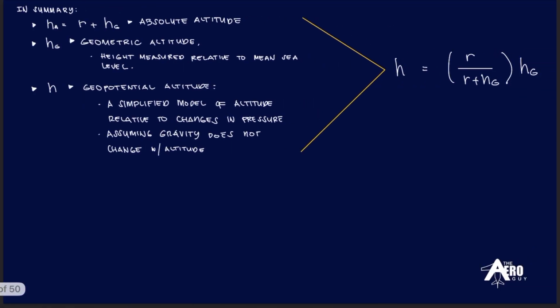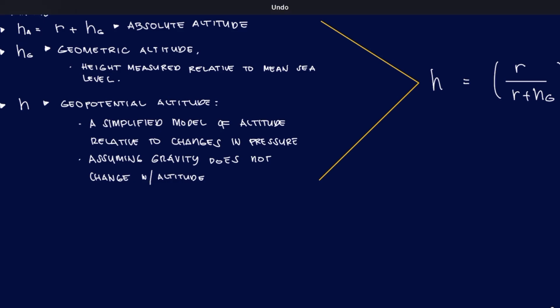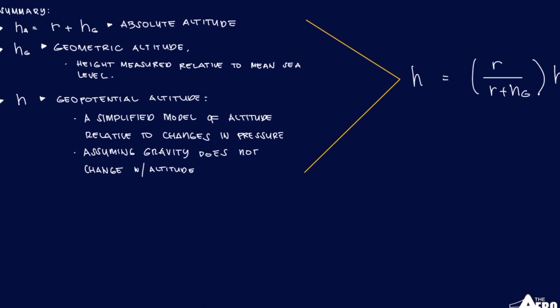In summary, we explained what the atmosphere is all about, and we explained three major types of altitude: the absolute altitude, the geometric altitude, and the geopotential altitude. The absolute altitude considers the radius of the Earth plus the measured height from mean sea level, which is the geometric altitude. We also made a variation to the measurement of the geometric altitude by simplifying some variables such as gravity and density, and we assumed that the atmosphere is static.